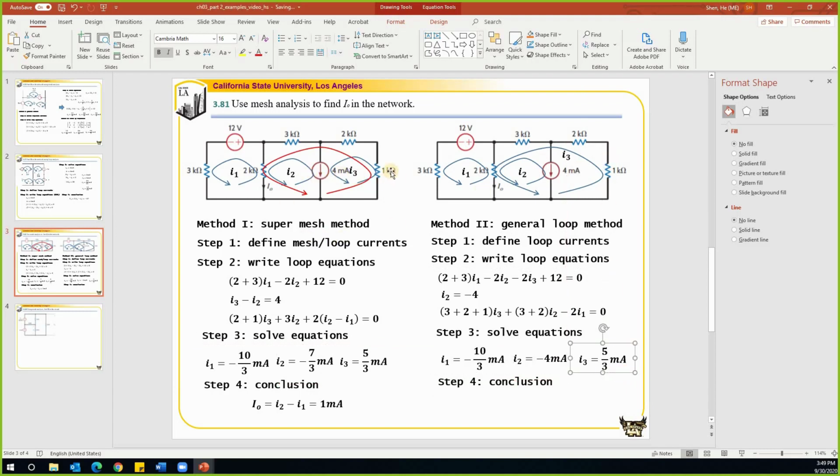Is I3 the same as this I3? No, it's different. Why? It's plus I2, maybe. Look, what is the actual current going through this 1K resistor in this circuit? Little I3, right? How about the actual current going through this 1K resistor?